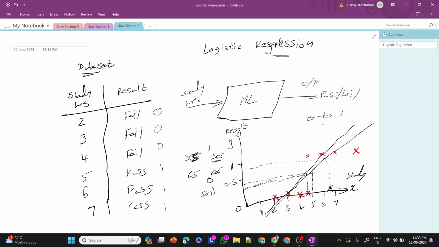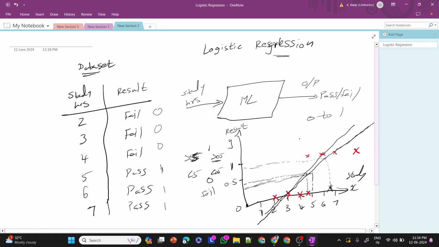Whenever the output is less than 0.5, we can consider the output as 0, and whenever the output is more than 0.5, we consider the output as 1. To satisfy this condition, we must not extend this line below or above.